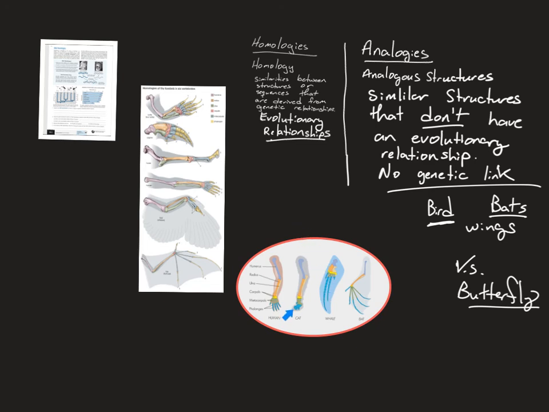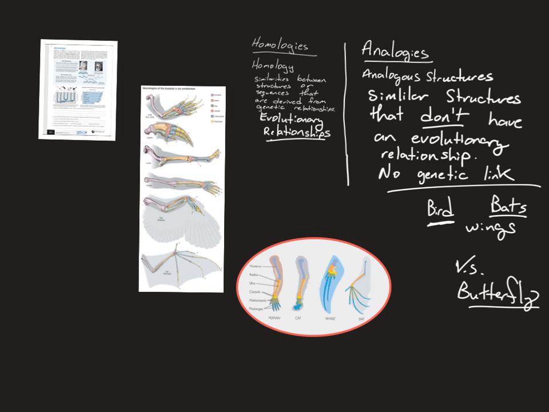But when you're looking at cats, humans, whales, and bats, they all have very similar structures, and they have just evolved to use them differently. A whale uses them to swim, a bat to fly, a cat to walk, and a human to grasp. So even though their structures are homologous, they're being used differently.